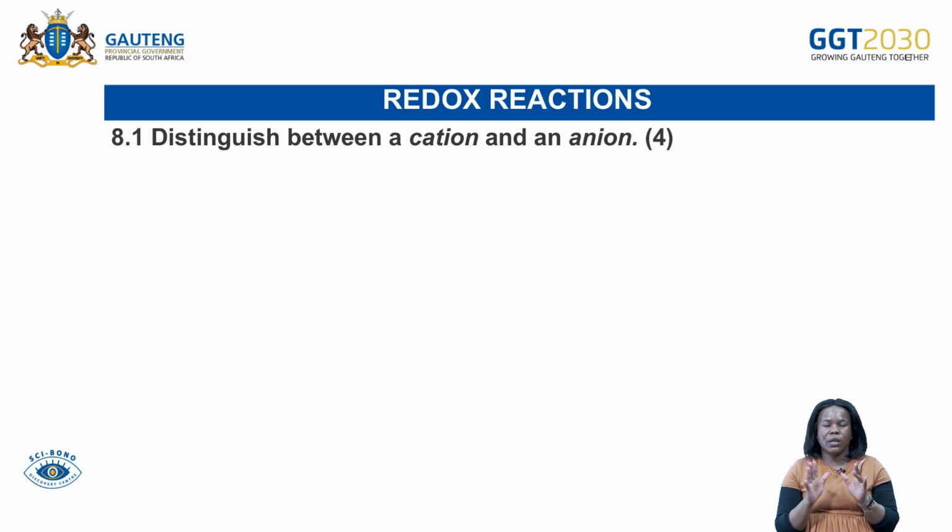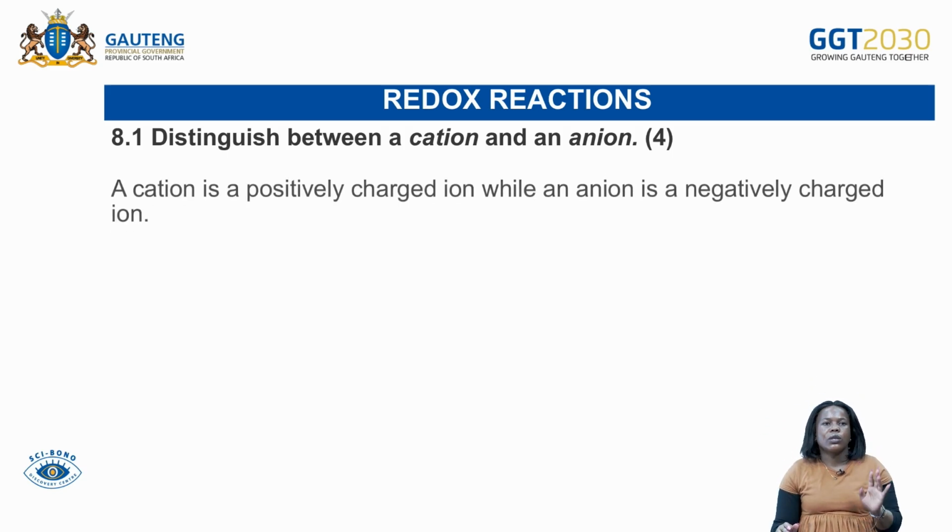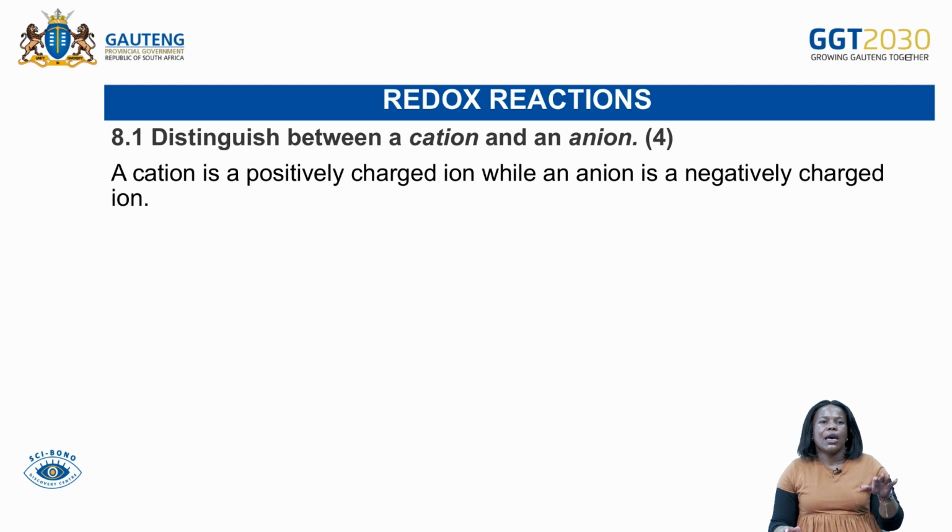And believe me, we did speak about it. We said both of them are ions, but how is a cation different from an anion? Because they are both ions. So we can just say a cation is a positively charged ion, whereas an anion is a negatively charged ion. And remember, we said the positively charged cation is formed by the loss of electrons.